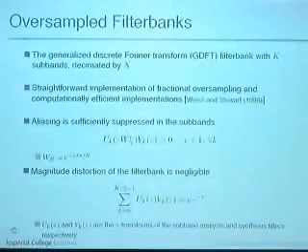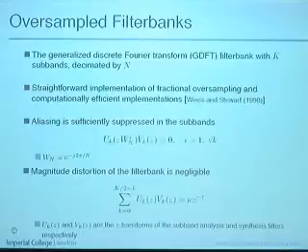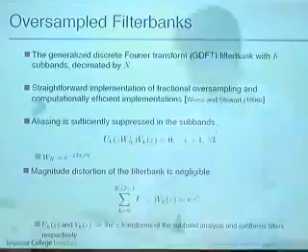So there are two properties which are helpful for this. One is that in these filter banks you can suppress the aliasing in the subbands significantly, and also there's very little magnitude distortion at the output of the filter bank. And having that, you can relate your full band filter to the subband structure.